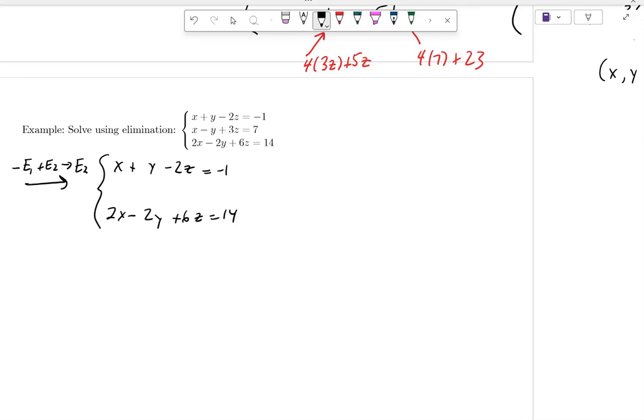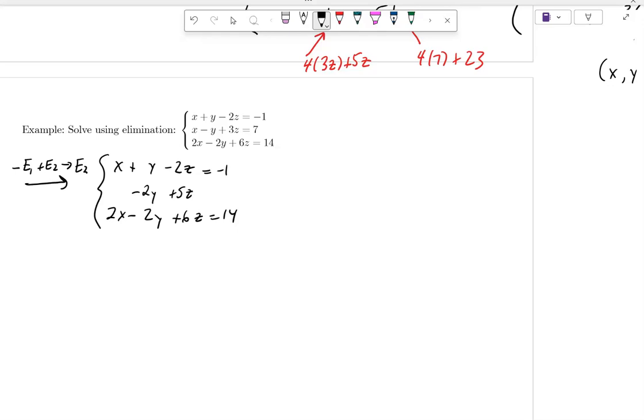Negative 1 times x is negative x plus x gives you 0. We get negative y minus y gives us negative 2y. Positive 2z, because it's going to flip the sign, isn't it, when we multiply by negative 1? 2z plus 3z gives us 5z.